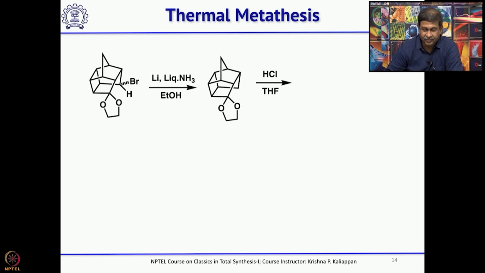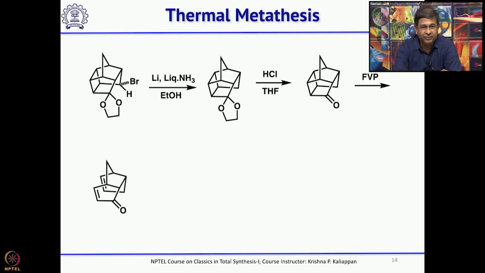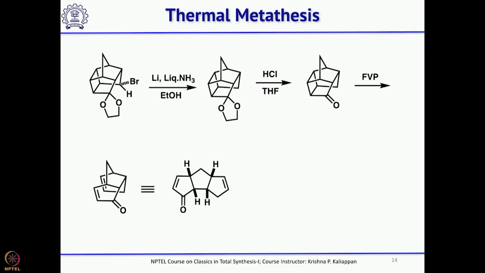Remove the ketol to get the ketone, then flash vacuum pyrolysis at high temperature, you get this compound, and if you look at this, this is a dienone. Okay. Normally you get a ketone, one more ketone here, that ketone was selectively removed using this process. So, once you have that, then the double bond should be migrated.